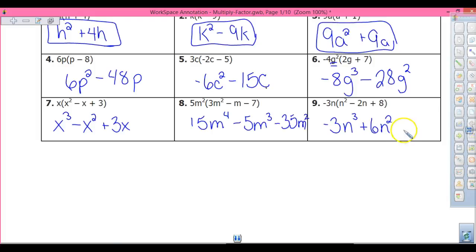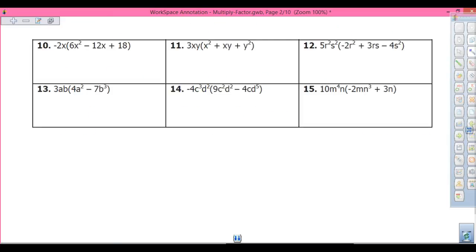Then what? Minus, what? 24n. There you go. So far, so good, right? All right, now we got all kinds of stuff going on. Number 10, what do I have?